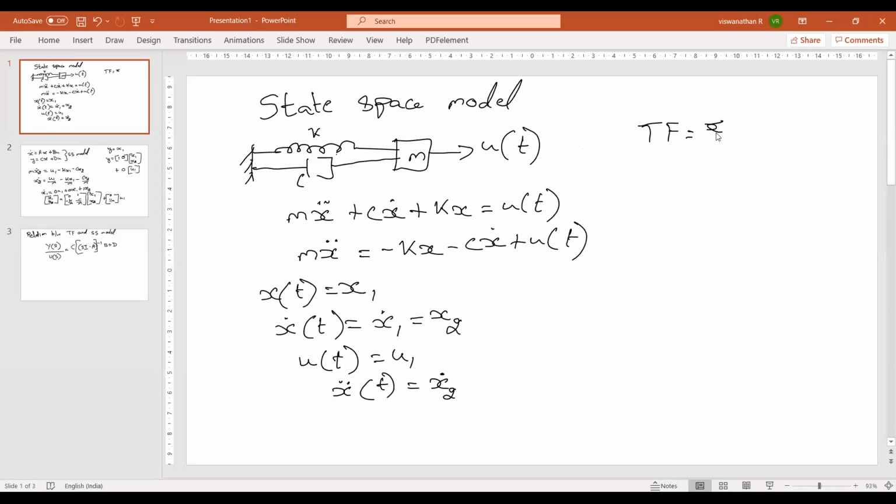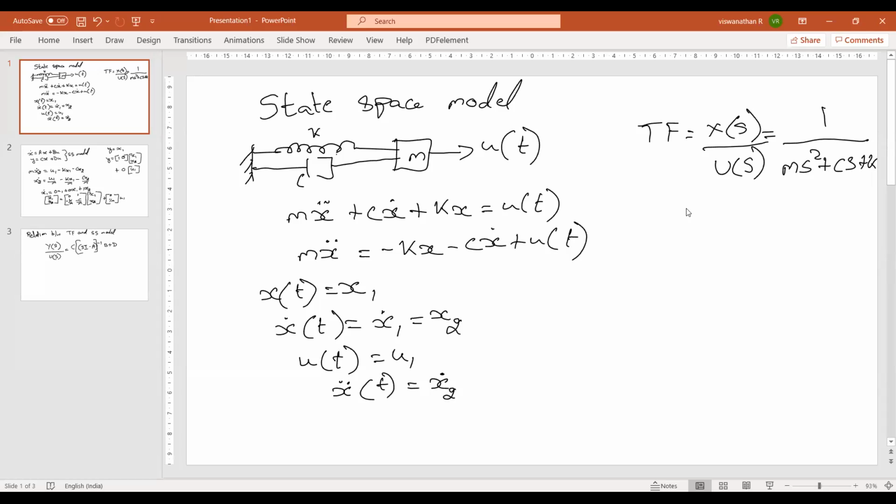So it will be X of s divided by U of s. U of s is the force input. So this will be equal to 1 divided by ms square plus cs plus k. So this is the transfer function.